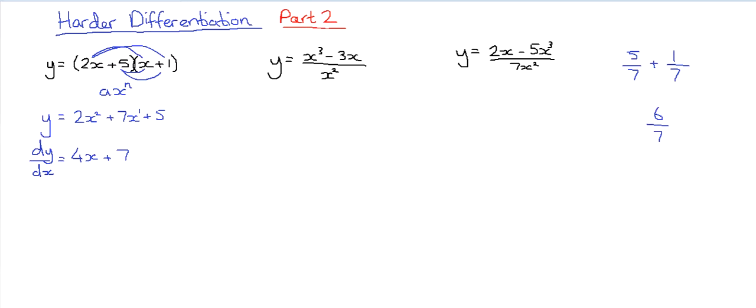Now, what's happened here, if we want to go backwards, we've split this one term into two terms. As long as the denominators were the same, it allowed us to combine these tops. So we're going to do that. Instead of having one common denominator, we're going to rewrite it so that the same denominator is under both terms. So we have x cubed over x squared minus 3x over x squared.